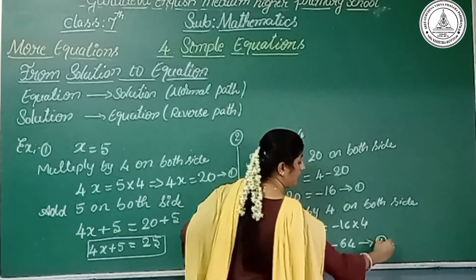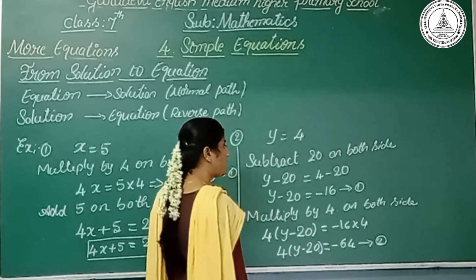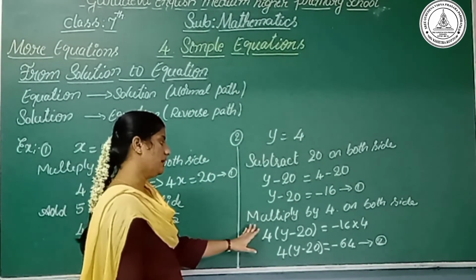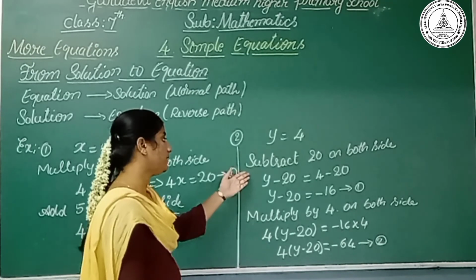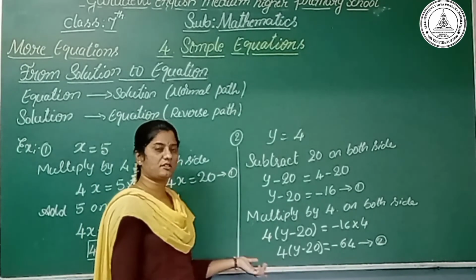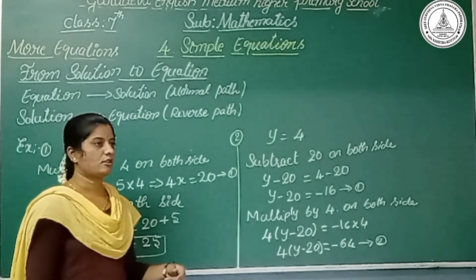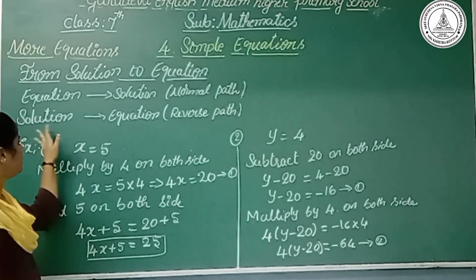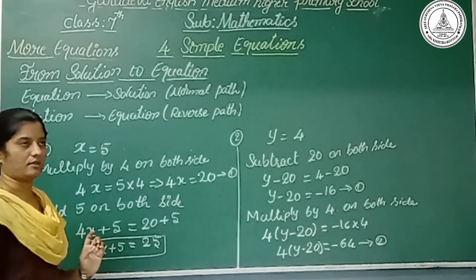It is also one of the equations. So you may do any operation. Here I have taken subtraction and multiplication. You may also take division, addition and other operations. In this way you frame the equation using the given solution.